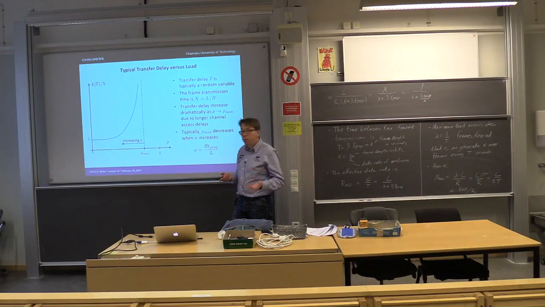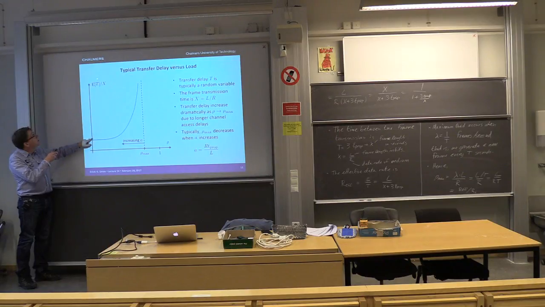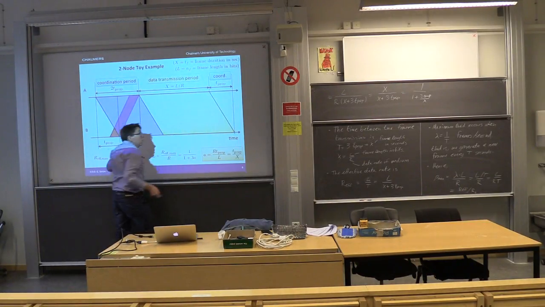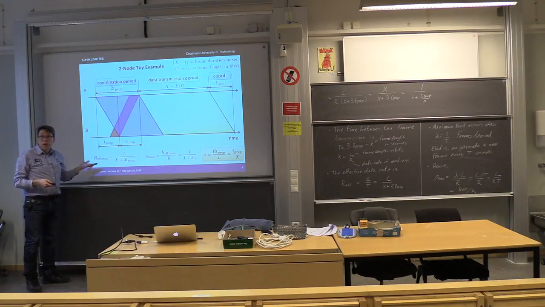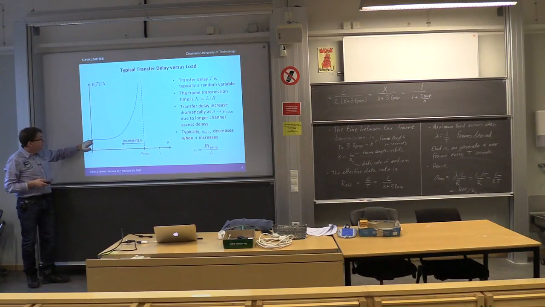So if one looks at the mean of the transfer delay divided by the time it takes to transmit the frame, x, what was that? X was this time. The smallest the transfer delay can be is x, of course, right? So suppose the propagation delays are very small, then we can approach 1 here.